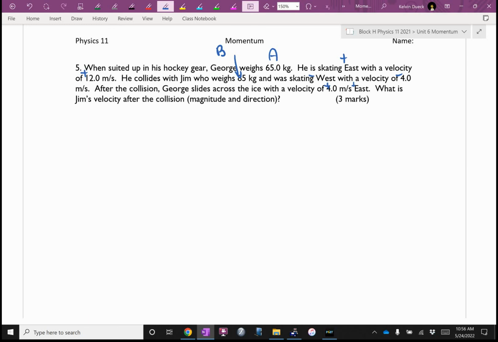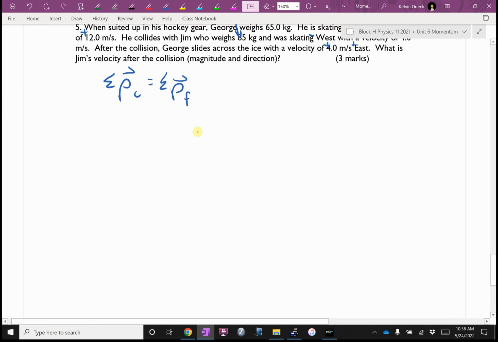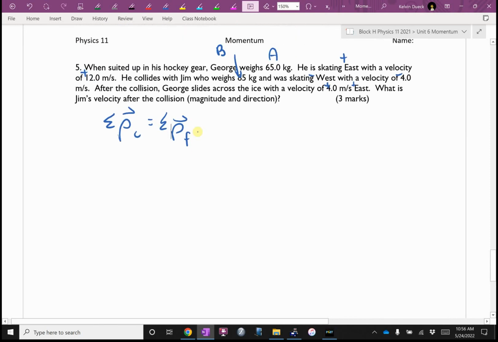Is this a collision? Conservation of momentum. The sum of all the initial momentum equals the sum of all the final momentum. Before the collision, who's moving? You know what? This was dumb. How about instead of using A and B, I'm going to use G for George and J for Jim.